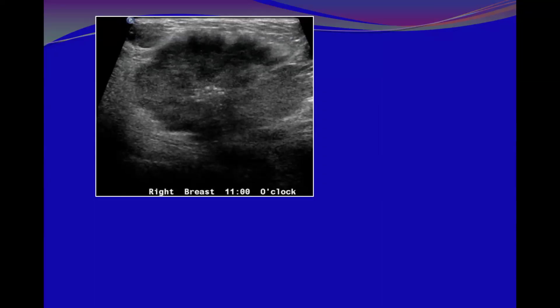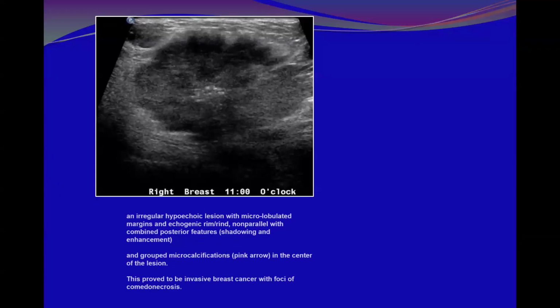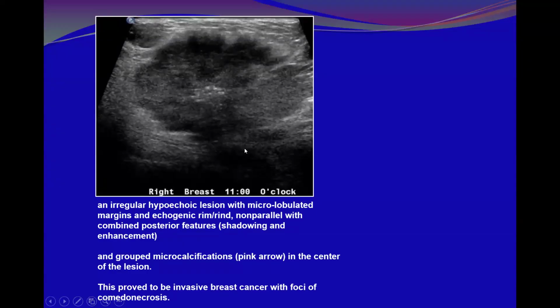Irregular mass lesion, heterogeneous hypoechoic, with spiculated margin, posterior shadow with central calcific foci, surrounded by a thick echogenic halo, a thick echogenic rind. Excellent. So the margins are microlobulated, combined. And the posterior features are also combined, shadow and enhancement. Okay?